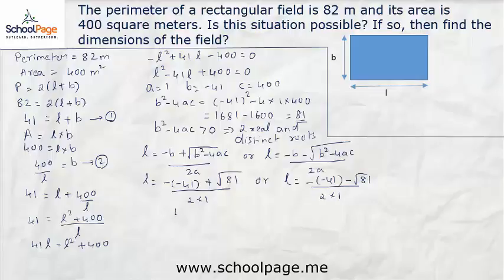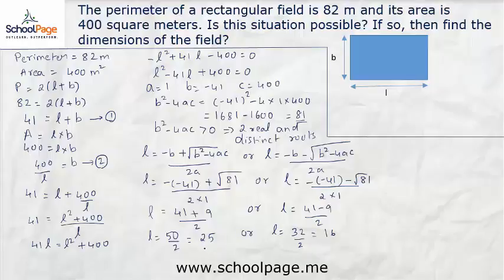We'll get (41 plus square root of 81, which is 9) divided by 2, or L is equal to (41 minus 9) divided by 2. So we have L as equal to 50 divided by 2, which is 25, or L is equal to 32 divided by 2, which is 16.